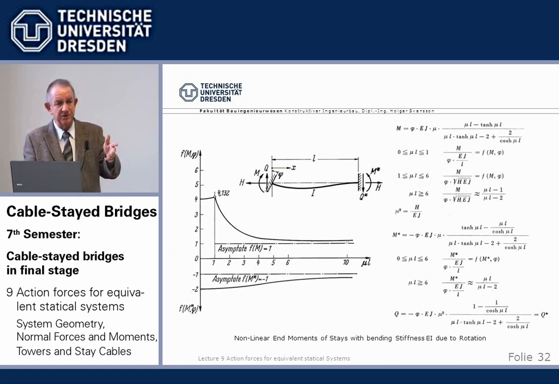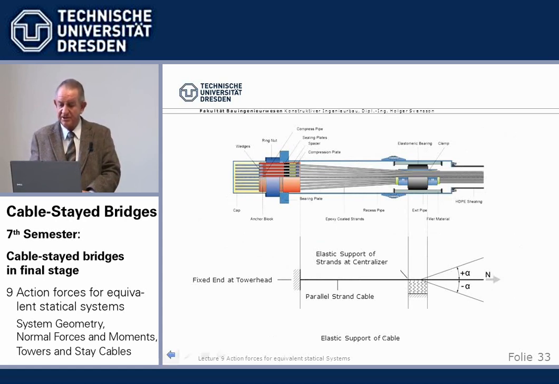Last time when I talked to you about sizing and stay cables, I mentioned these anchorage problems. Practically, we do it like this here. We have the strands fixed, and if we have a rotation, we get some bending moments.